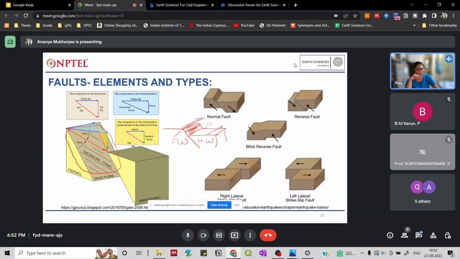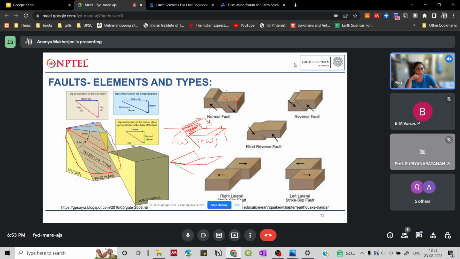Over here it has moved along the dip, so this would be a dip slip fault. Now suppose the rock blocks have moved both parallel to the strike and also parallel to the dip, that would be called an oblique slip fault. So over here as we see the normal fault, this block has moved downwards. This is the hanging wall.